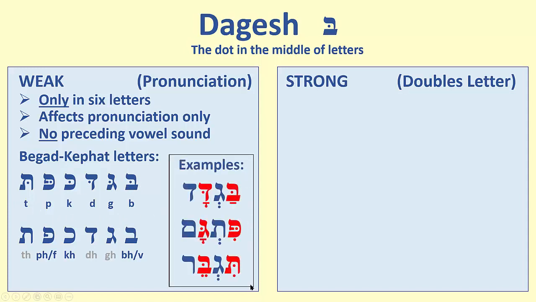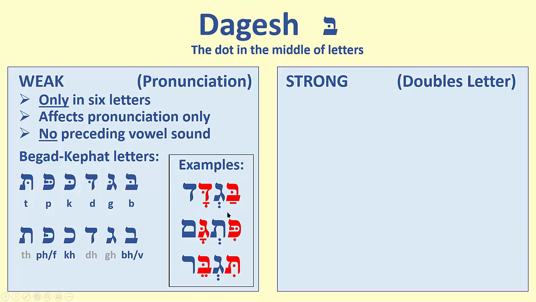Here are some examples, some words that have begad kefat letters in them. Some of them have a weak dagesh, and some of them do not. This first word is Baghdad, the city of Baghdad.